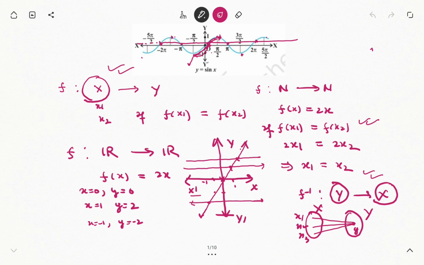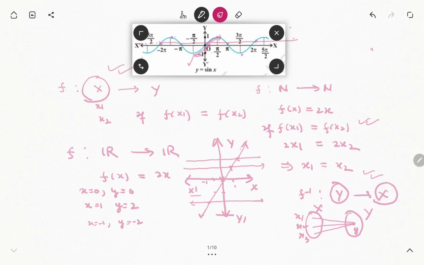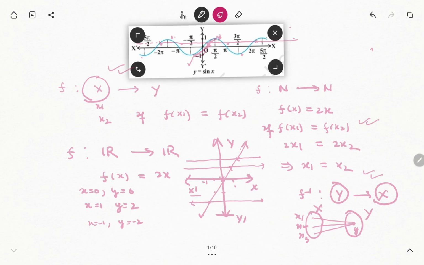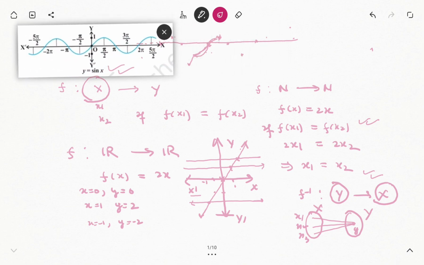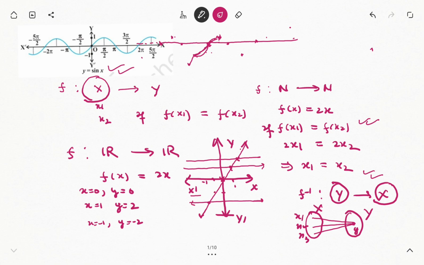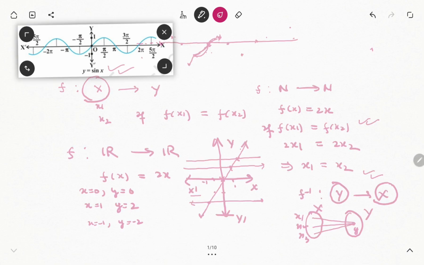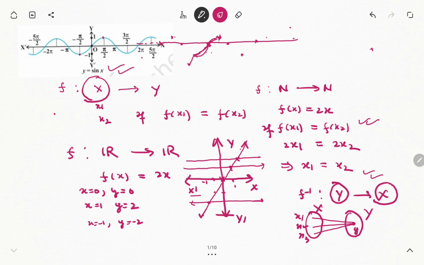So back to the sine function. Now see that. Look at this function. I am shifting this here. So we have restricted this function from here to here, right? And we have seen that this part is 1, 1, and so we can define the inverse trigonometric function. So what will be the domain?